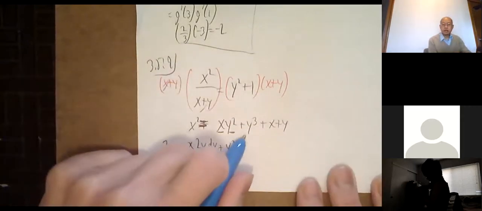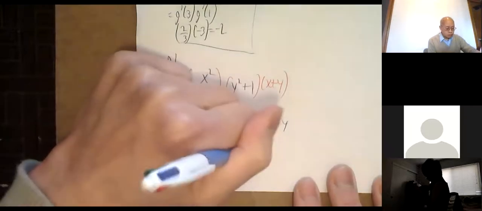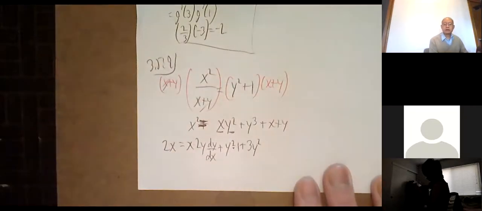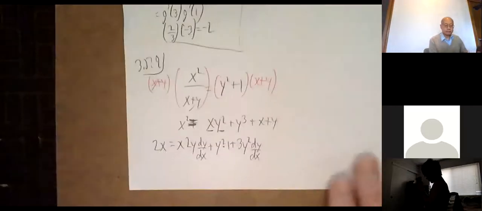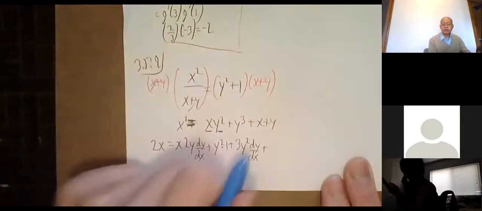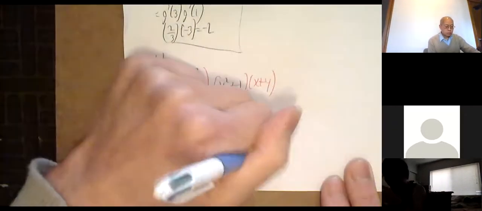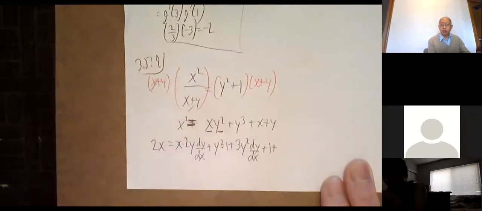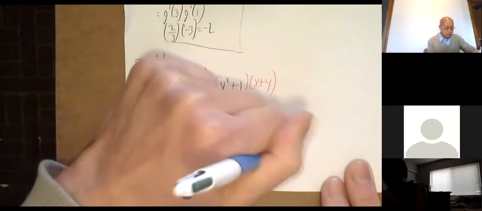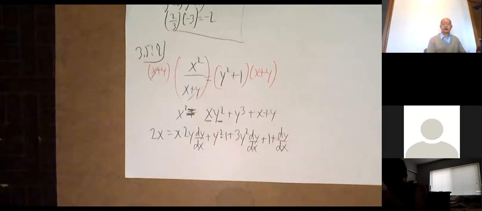Okay, what's the derivative of y cubed? 3y squared times dy dx. Plus the derivative of x, 1. Plus the derivative of y, 1 times dy dx. Okay, and now all the dy dx's are on one side.